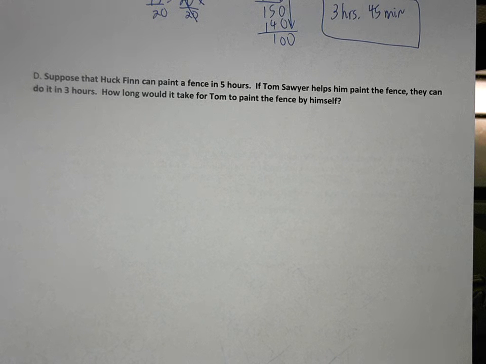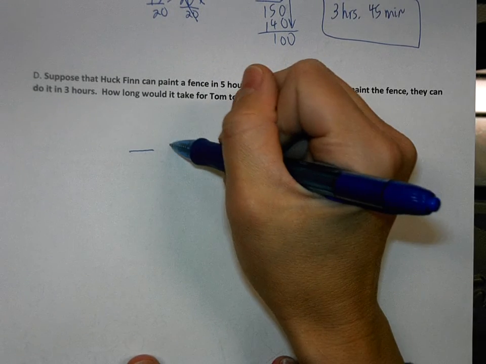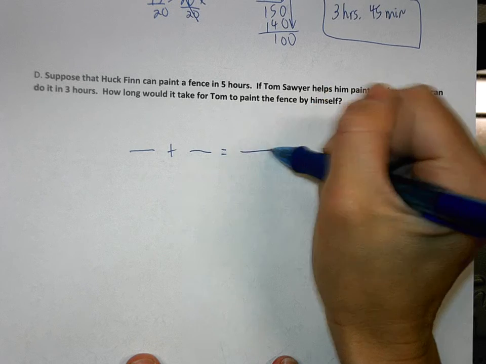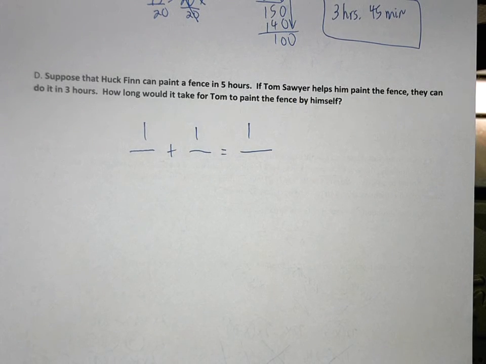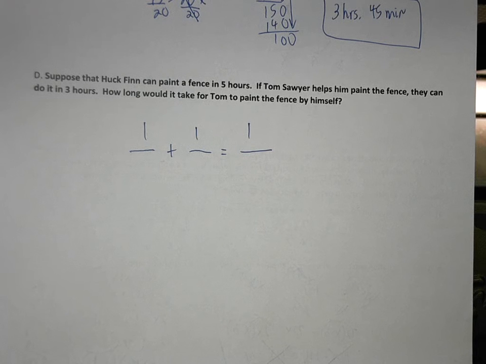So how many fractions are we going to have? 3. Do we know what number goes on top of all of them? So it's just going to be 1 every time on these kind of problems, right. Unless you had 3 people working together, then you'd end up with 4 fractions because you'd have the 3 individuals on one side and then the working together on the other side. Okay, so all might be 1 on the top.